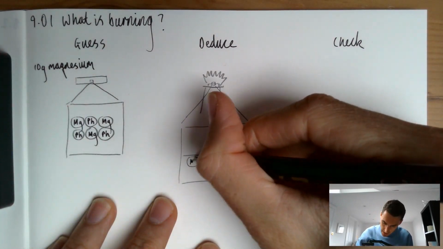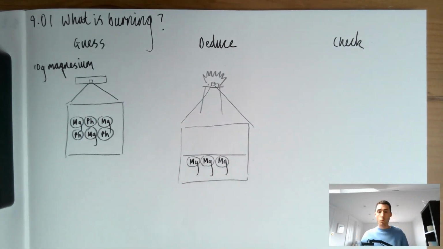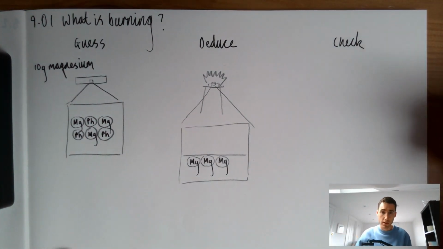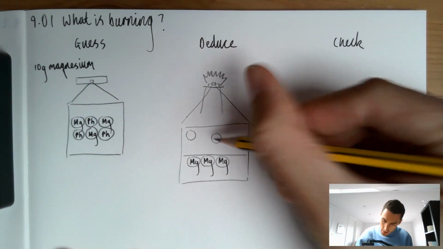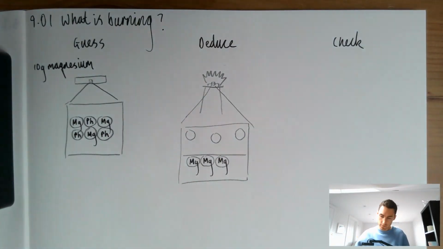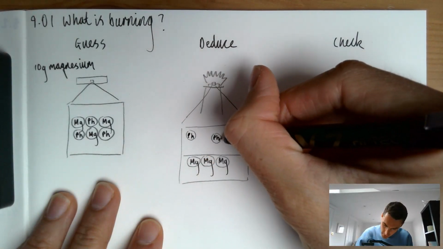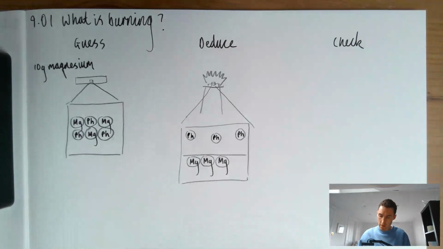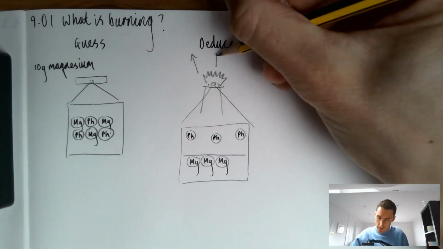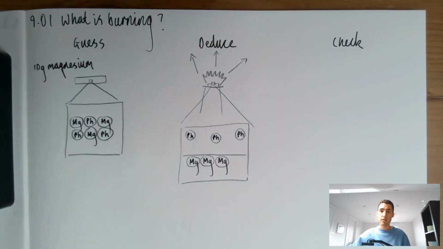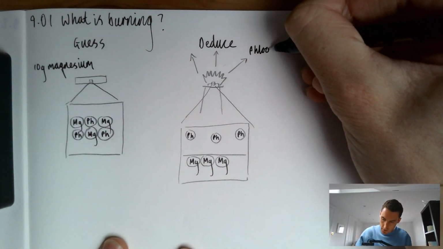They've been left behind. And what scientists thought was happening during burning was that those phlogiston particles escaped. So we can draw those up here like this. And effectively what's happening then is that phlogiston is being released to the surrounding air. So we've got phlogiston like this out here.